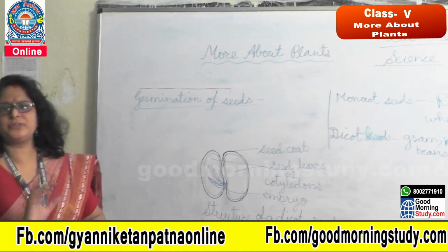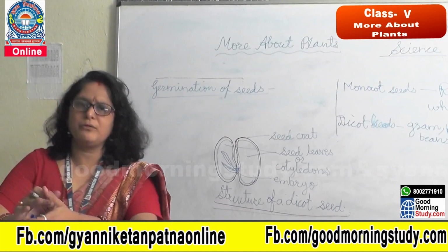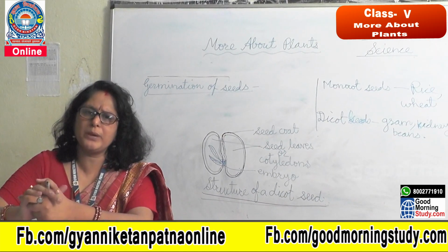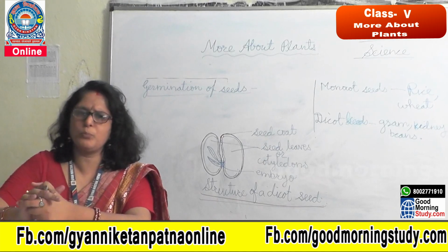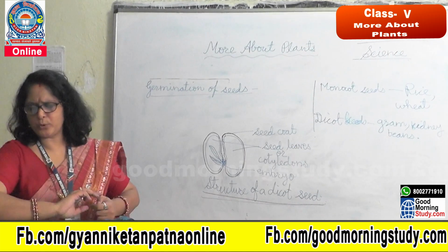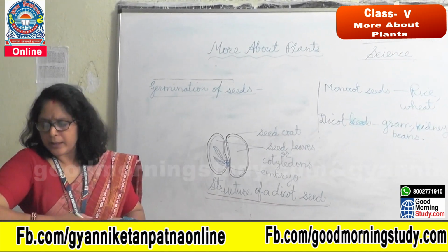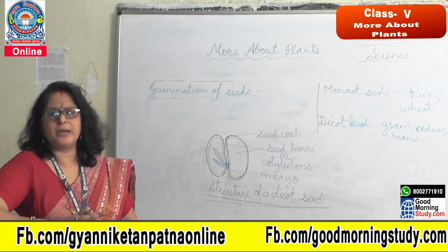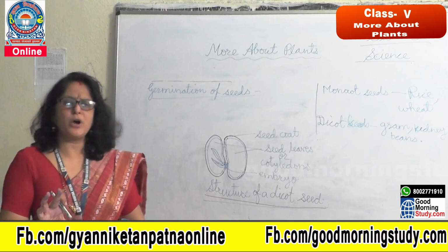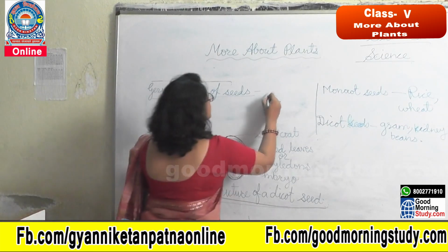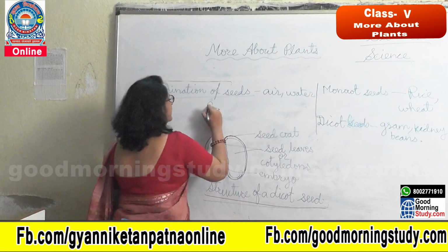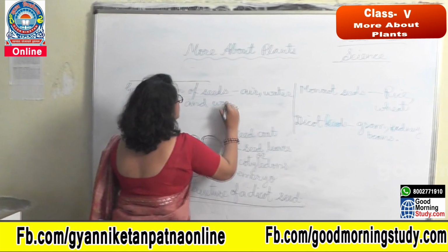Germination is the process by which an embryo gives rise to a new baby plant. Germination is the process by which a seed produces a baby plant in the presence of water, air and warmth. So some conditions are required for germination, that is air, water and warmth.